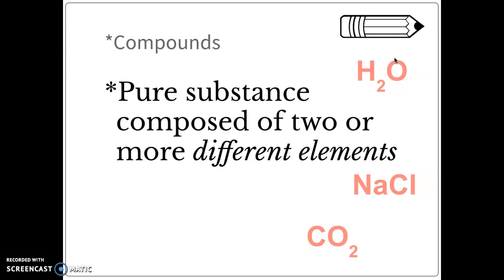That is a compound because we have hydrogen atoms bonded to an oxygen atom. We can tell that they're bonded together because all the letters are smushed together as one thing. There's no plus sign between them, no arrow between them. This is one thing all together, and it's called a compound, and it's also a molecule.